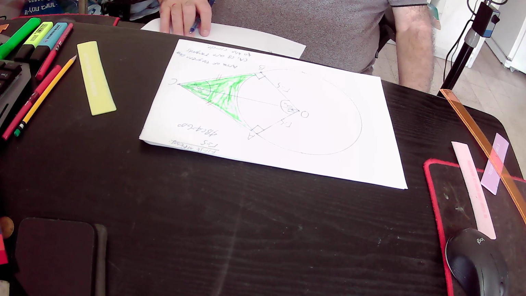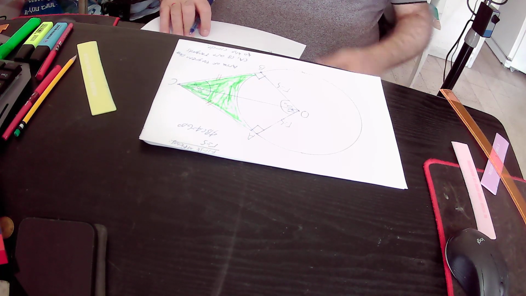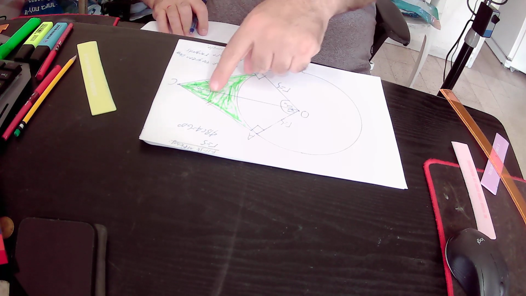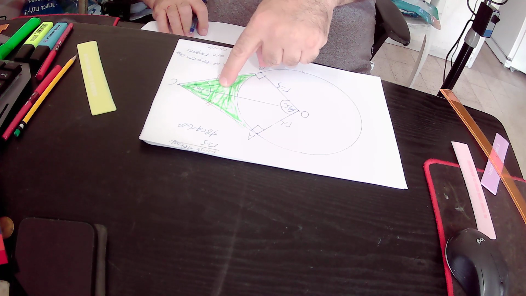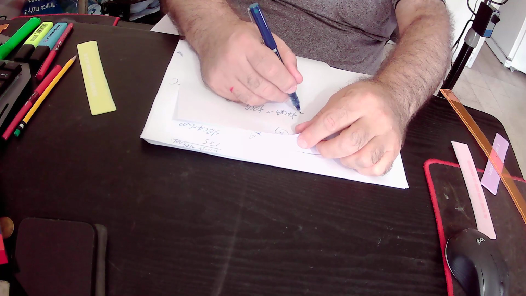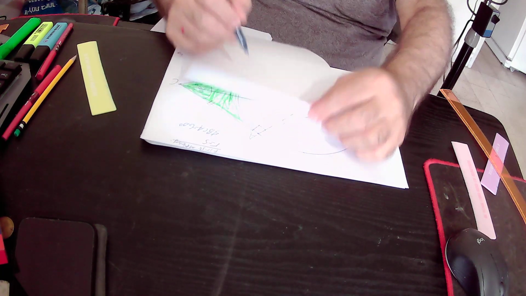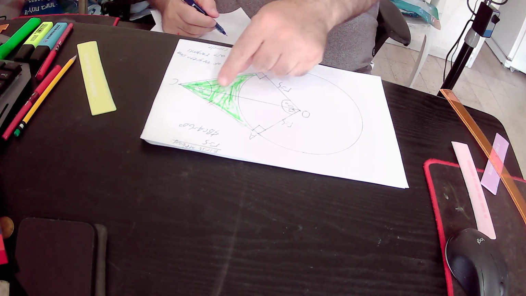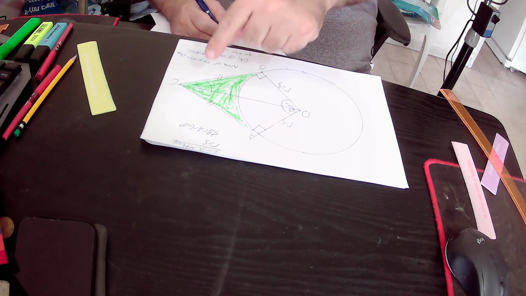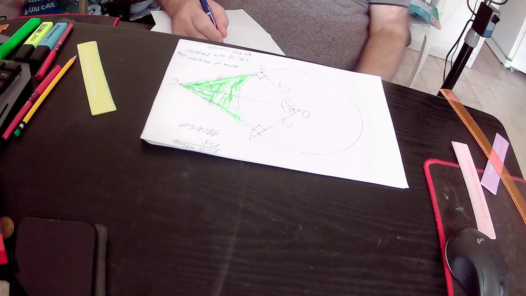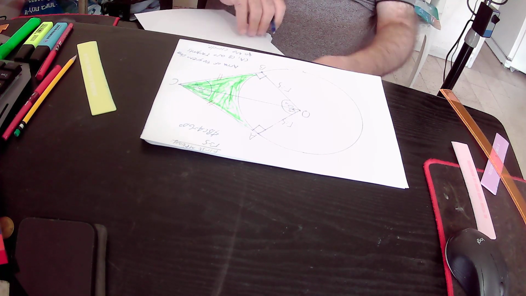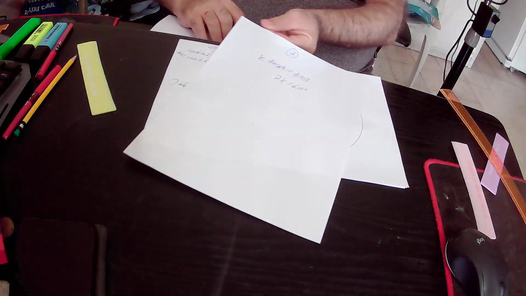So those two angles are equal to each other. If we define angle OCA as x, then angle OCB will also be equal to x. So the size of this angle is 2x, and we know that angle ACB equals 60 degrees. So we get the equality 2x equals 60 degrees.